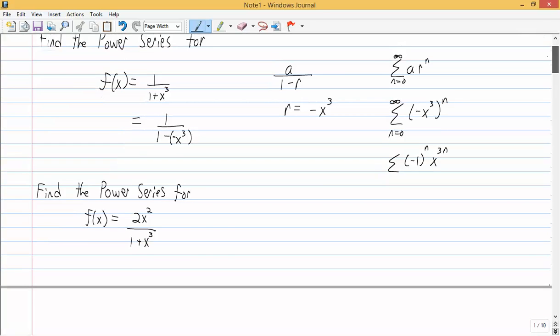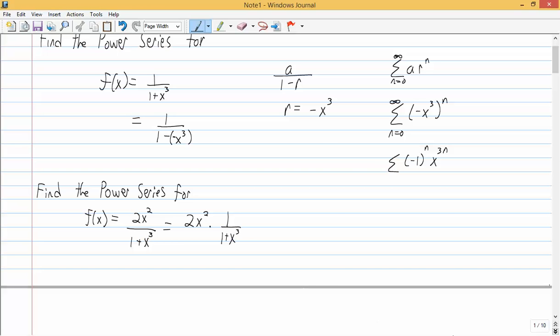In the previous problem we figured out how to find the power series for 1 over 1 plus x cubed. So we can think about this function like it's 2x squared times 1 over 1 plus x cubed. And then we know the power representation for 1 over 1 plus x cubed.